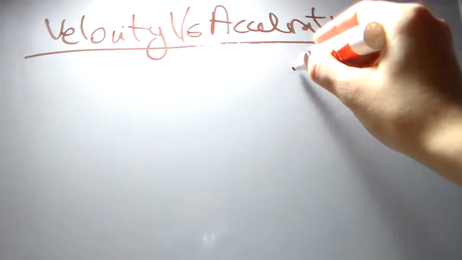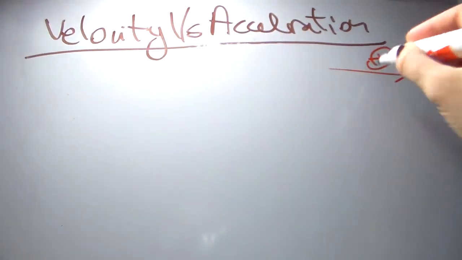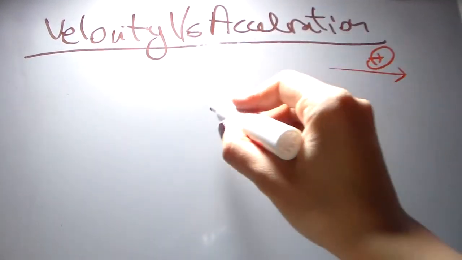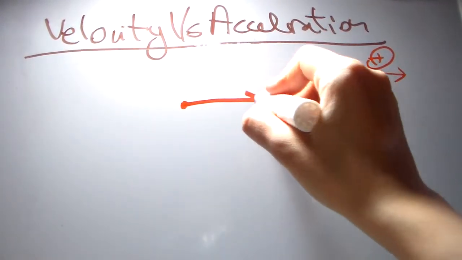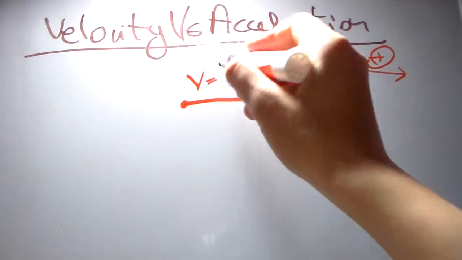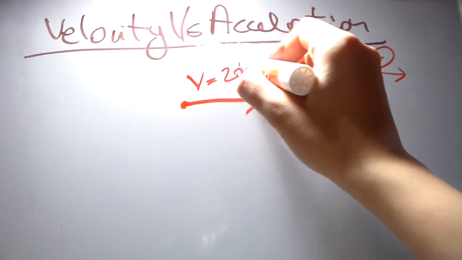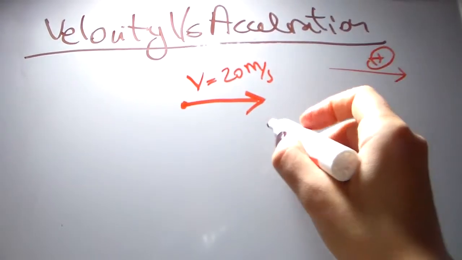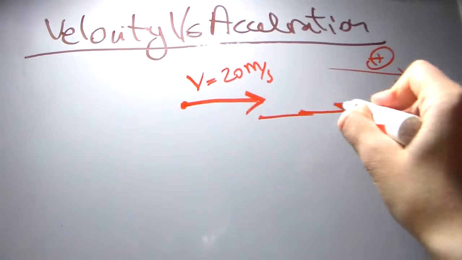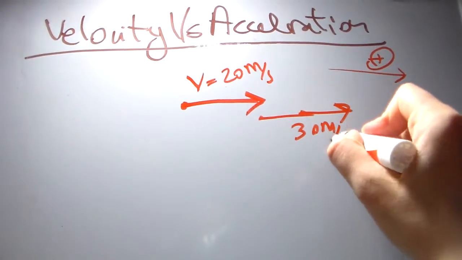So suppose we live in a world where our convention for positive is to the right, and suppose there is a car moving to the right. So velocity here is positive, let's say 20 meters per second, and then 1 second after that, the velocity becomes 30 meters per second, right?